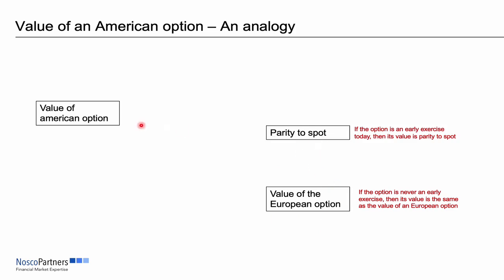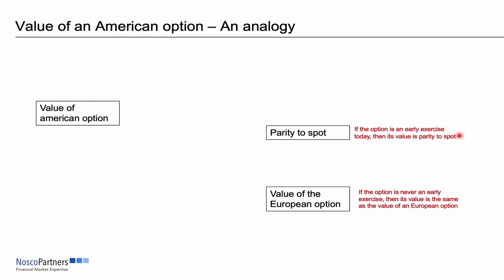So the American option can never be less than either parity to spot, and it cannot be less than the value of the European option. So the value of the American option has to be above these two. And sometimes the value of the European is higher than parity to spot, and sometimes it's the other way around. I ordered this to the same situation we had just before.